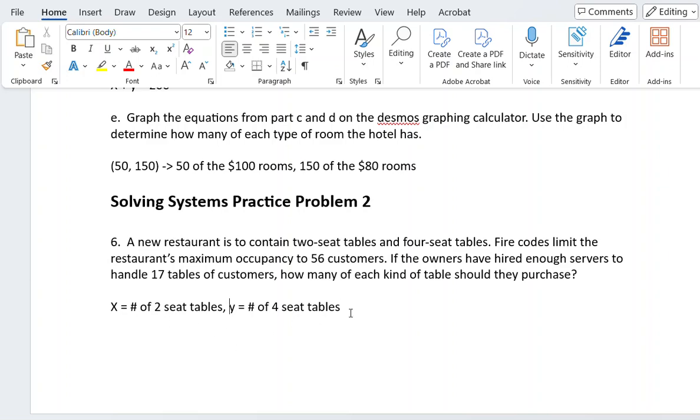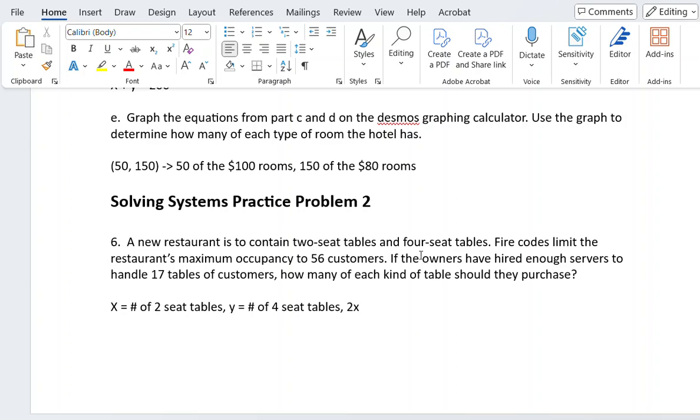So once I have that set, then I need to use the information in the problem to write some equations. I'm going to need 2 equations, just like I had in the previous problem with the hotel. So one equation I can write from the fact that the maximum number of people is 56. Each 2-seat table can have 2 people, so multiply the number of 2-seat tables by 2.